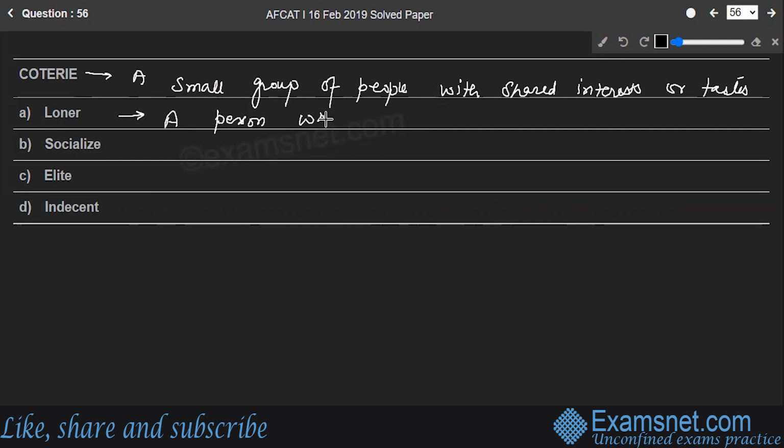A person who prefers not to associate with others. Then is socialize. It means to meet people, to enjoy oneself.